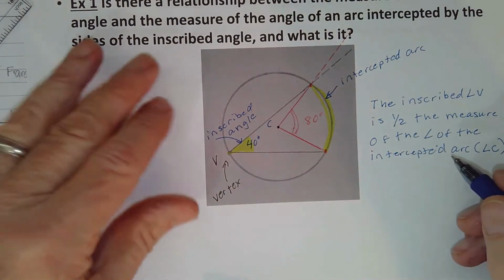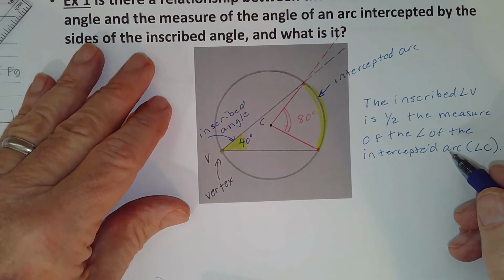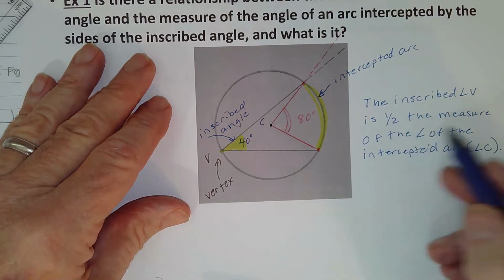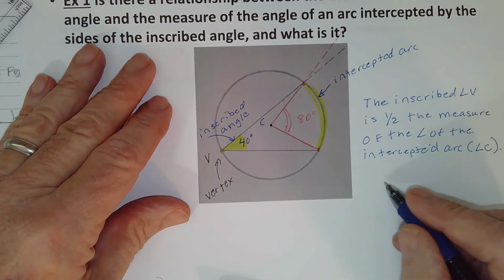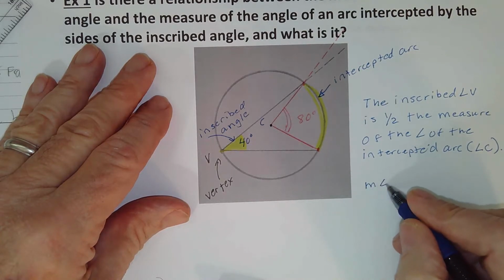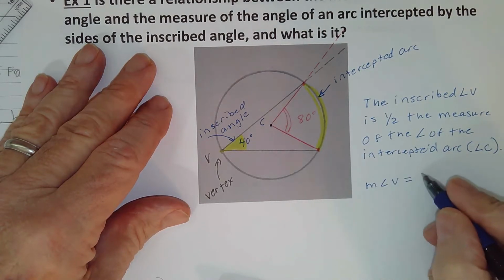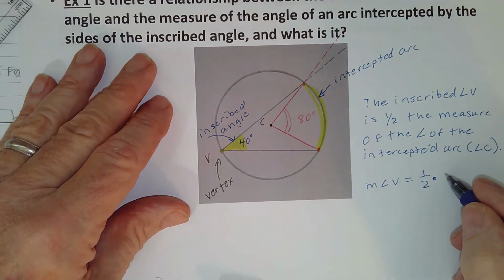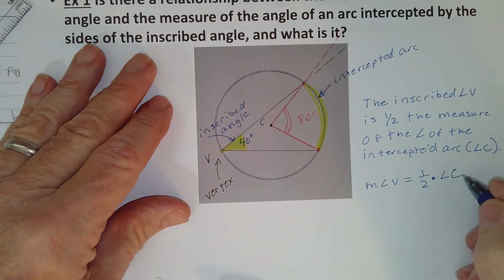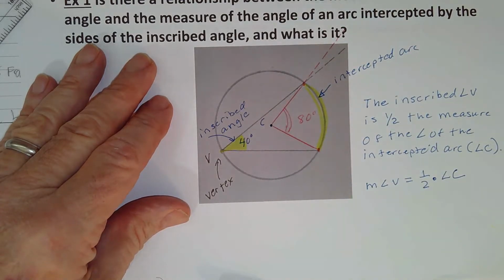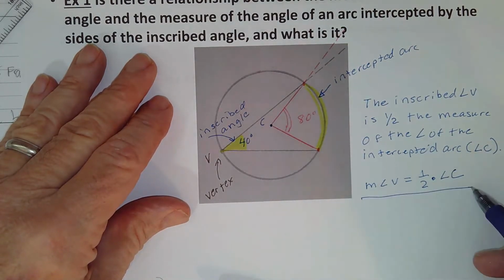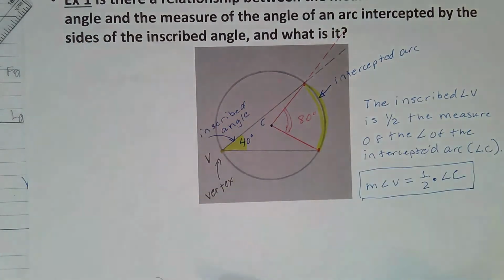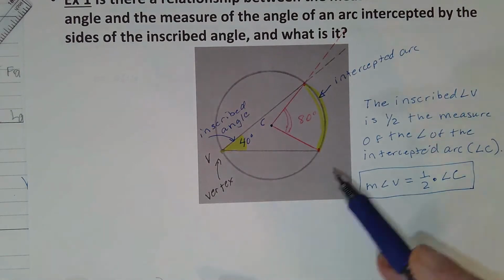Now we can set that up and make an equation from it. If we know that this is half of this, we can just say the measure of angle V equals 1/2 times the measure of angle C. Okay. This would be the relationship between the two angles. That's the relationship between the two angles.